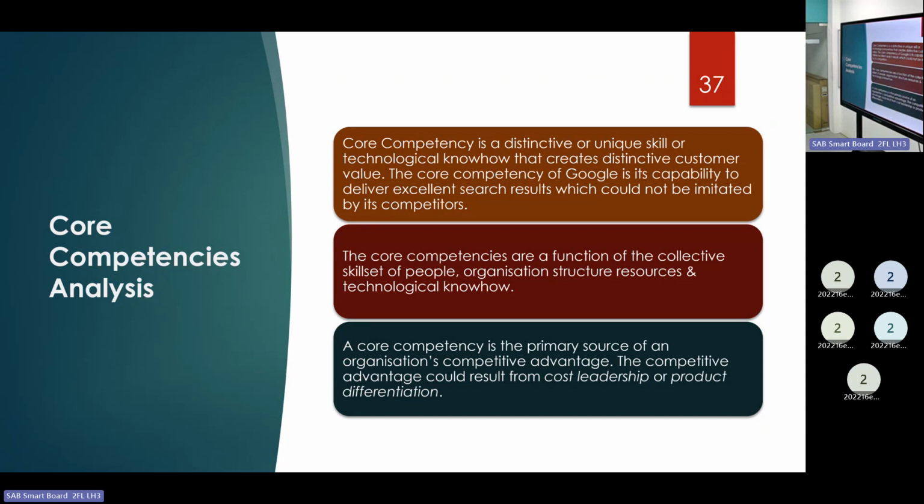They don't even have food, they don't have basic facilities, but Coca-Cola is known to them. So that is how we went through all these values. So that made it a core competency, that awareness. So that gives them a competitive advantage.